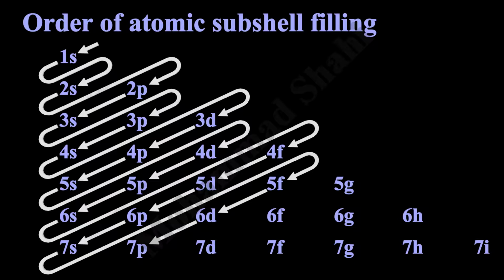For example, if the 1s atomic orbital is filled before the 2s atomic orbital, it is a result of the lower energy level of the 1s atomic orbital in comparison to that of the 2s atomic orbital.